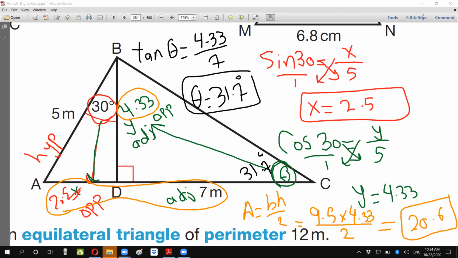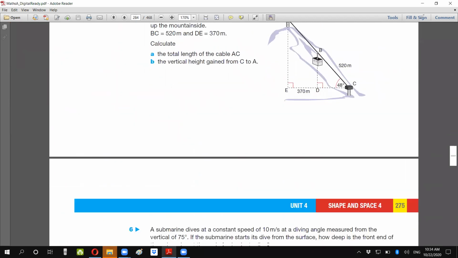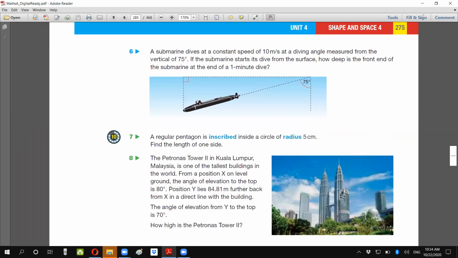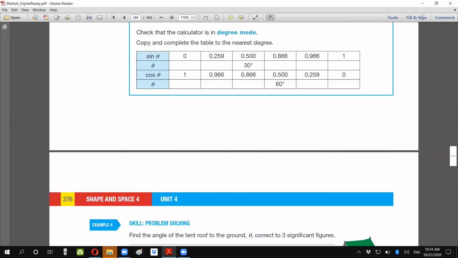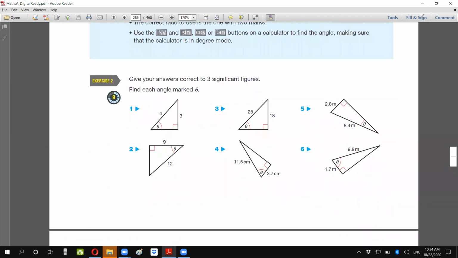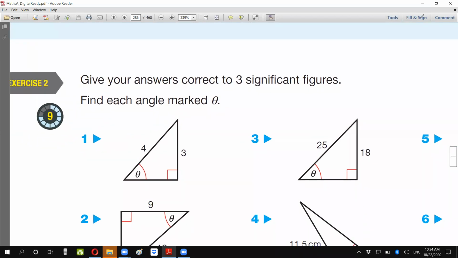Okay, let us take another. Calculating angle by shift sine, shift cosine, and like this. I have the angle missing.